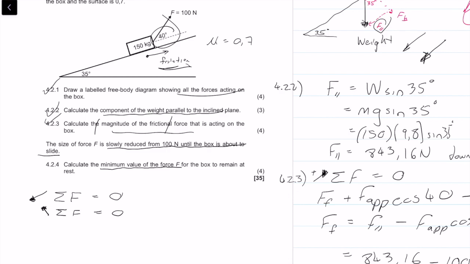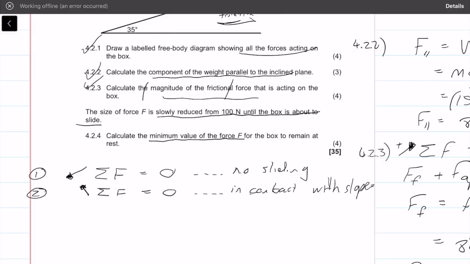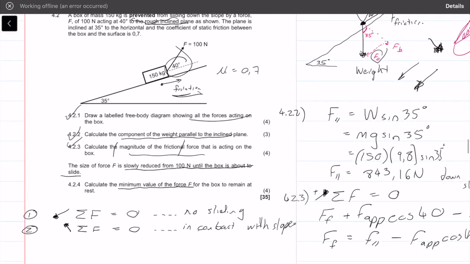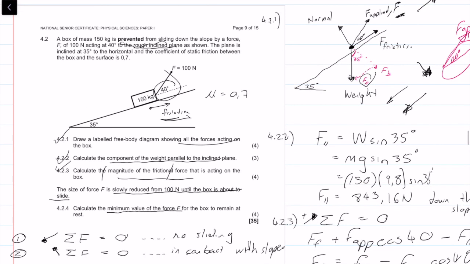This one is because of no sliding, and this one is because it must be in contact with the slope. If we figure out those two, eventually we'll get to the minimum value of F. Now I can use my free body diagram and get these equations. Let's clean this up actually.